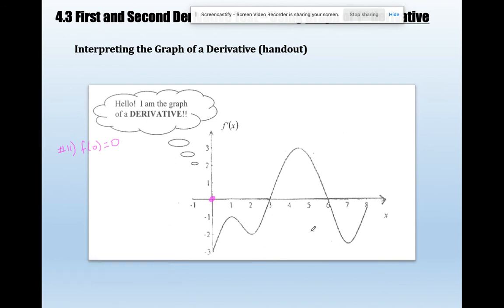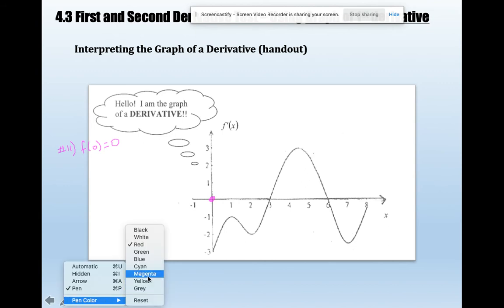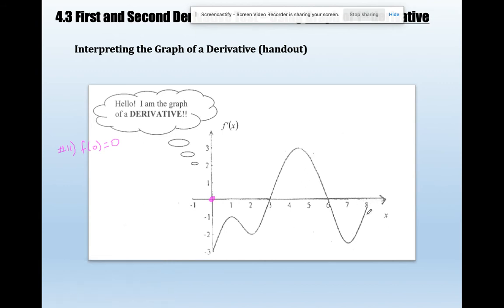So here's what I'm going to do. I'm going to use those number lines that you took a picture of, and I'm going to draw my breaks. They're not really breaks, but places where I have to draw a different piece.